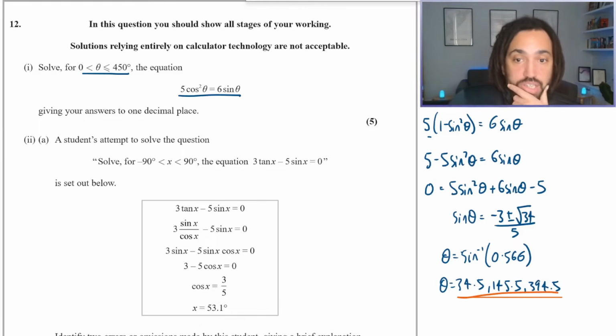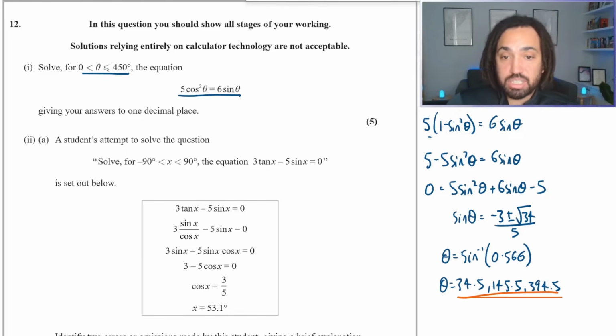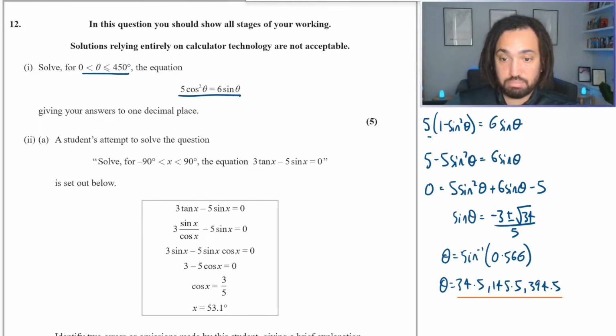Right, let's now look at the next question, which is a student's work, and we've got to see where they've made the mistakes. Okay, so first line looks good, second line looks good, and then they've multiplied through by cos, which is going to be an issue.